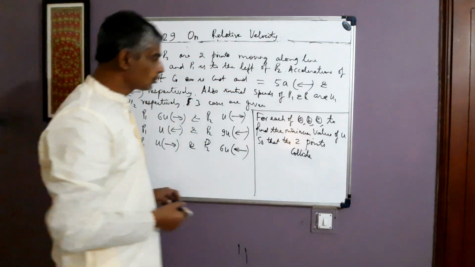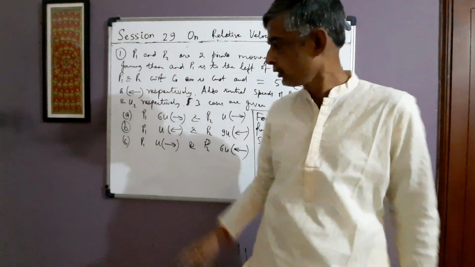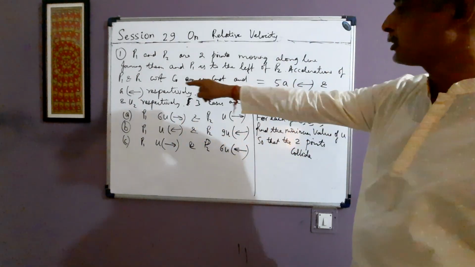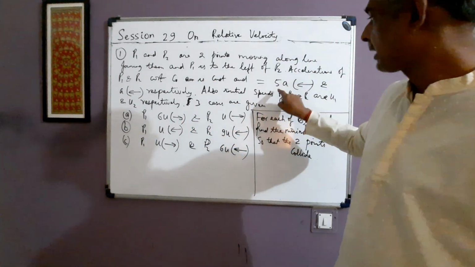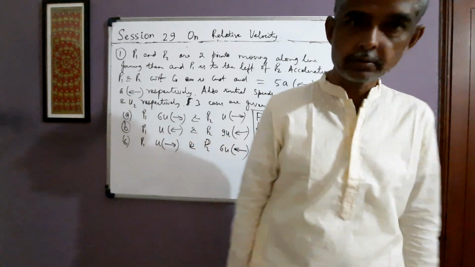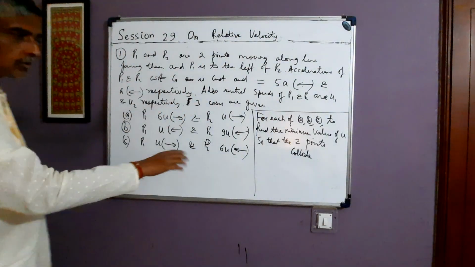So this we have to solve. For each of these, accelerations of these two points are the same, data has to be used, 5A left and A left. So this is the main problem. So I mentioned the problem now.